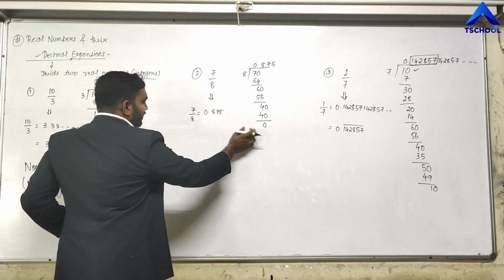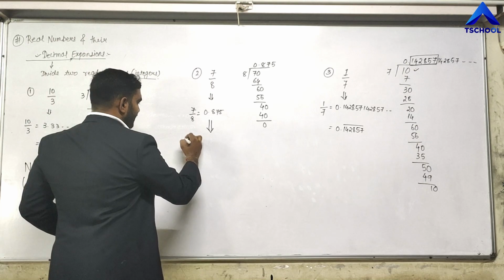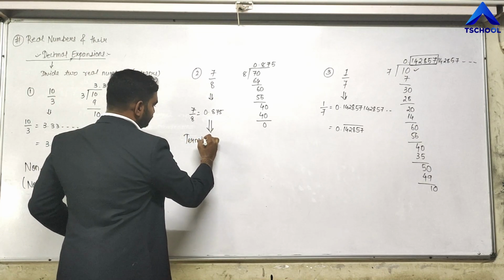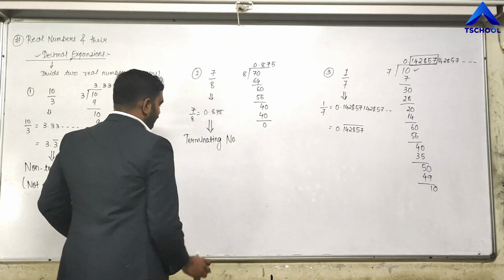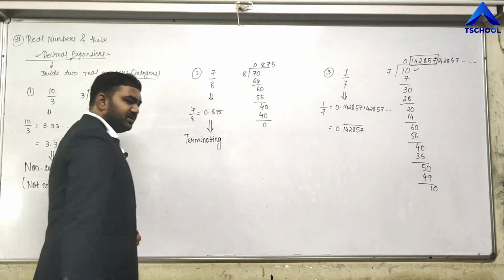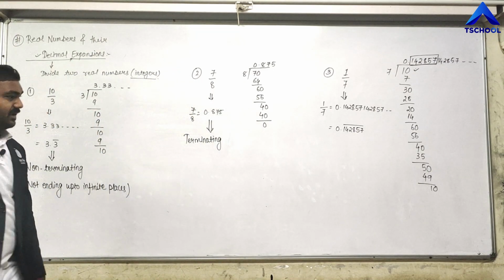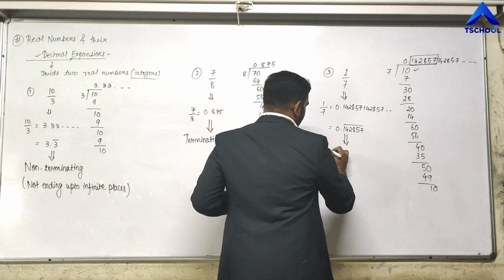Here, as the remainder becomes 0, further division is not possible, hence that is known as a terminating number. We shall discuss this terminating number later on. And the last one again is a non-terminating number.